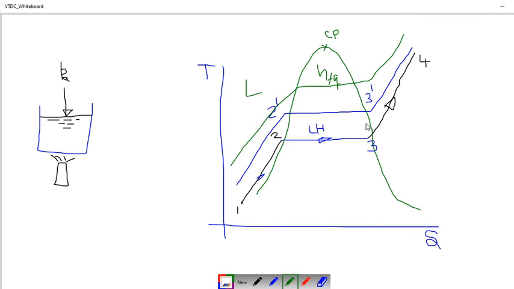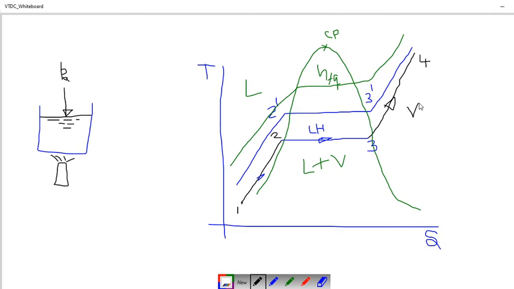This curve is called the saturated vapor curve, and the area which comes in this dome shape, the water will be in the liquid plus vapor form, and this right hand side region is called the superheated region. Water vapor is in the superheated vapor form.